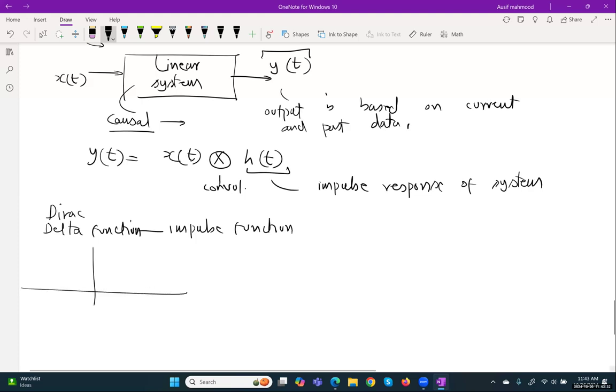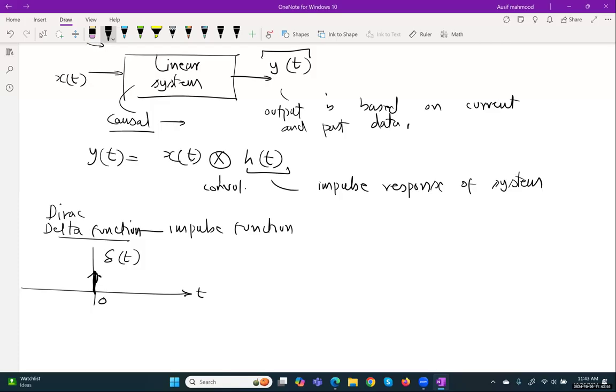Delta function. It's drawn, so if this is time, it's drawn like this, like an arrow going up at t equal to 0. And this is called delta of t. This is why they call it the delta function or the impulse function.